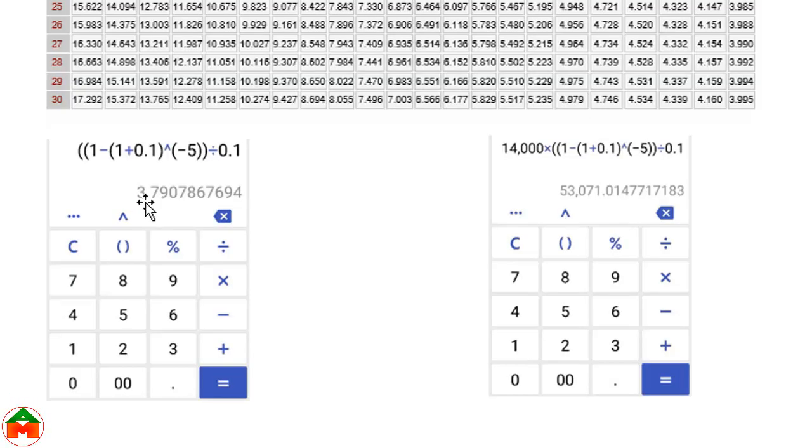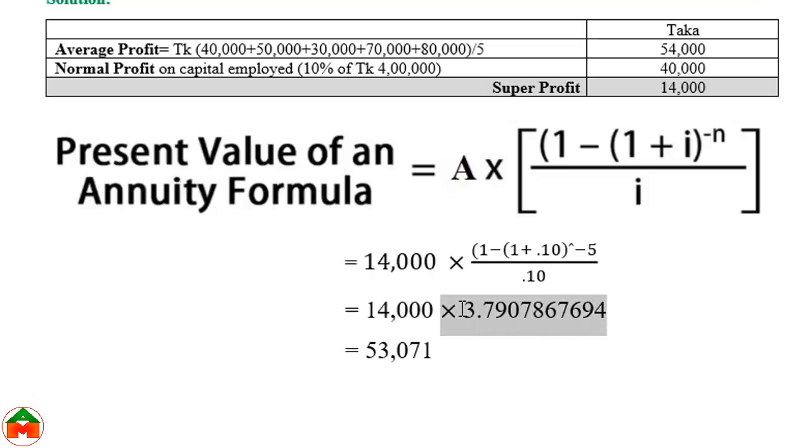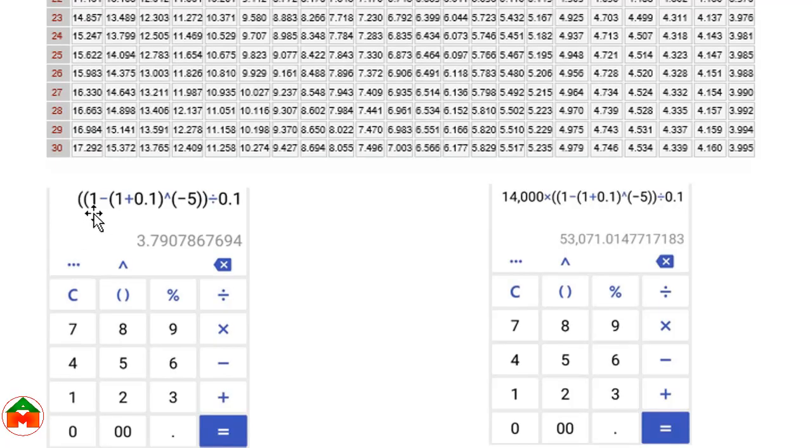Now we are going to show how to calculate this present value interest factor for annuity in the calculator. Here you can see 3.7907867694. We can use the calculator this way: first bracket 1 minus first bracket 1 plus 0.1 to the power minus 5. This bracket will automatically come, and the bracket divided by 0.1.